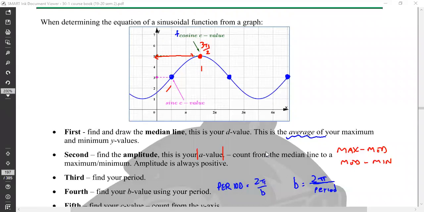So as a cosine graph, this would be cosine of theta minus 3 pi halves, not paying attention to all the rest of those pieces. As a sine graph, not paying attention to A or B or D, this would be shifted pi halves, so theta minus pi halves.